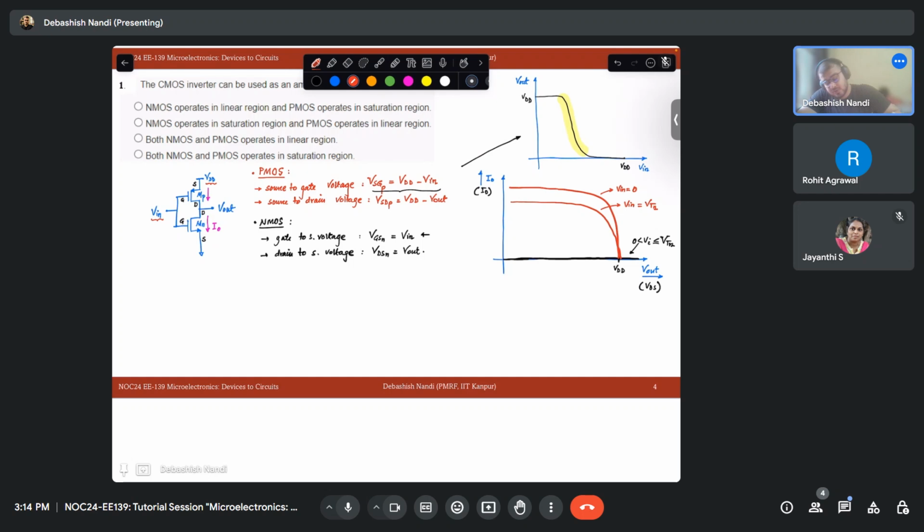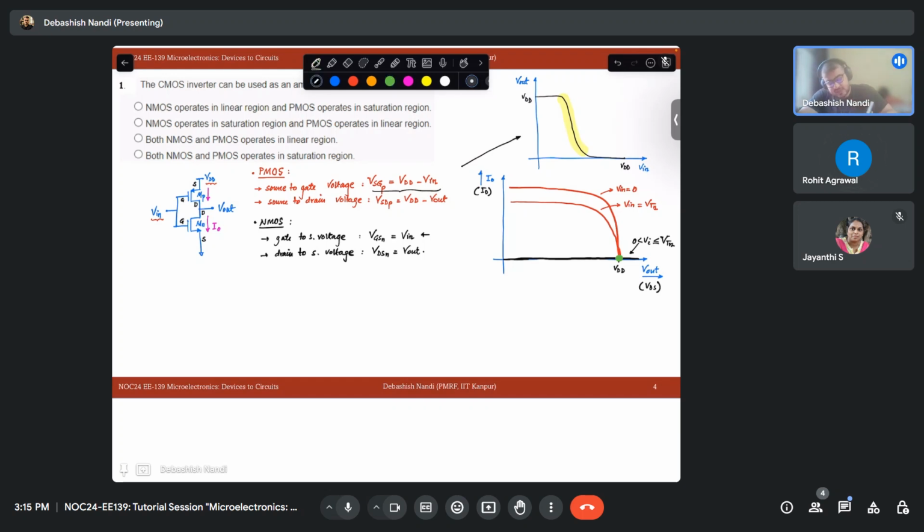So what is the output voltage? That will be determined by where my two current curves intersect, right? So let's say in this region, my output point will be fixed at this. Whatever current my PMOS can have, my NMOS will be having, simply speaking.